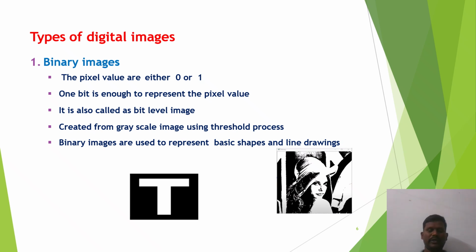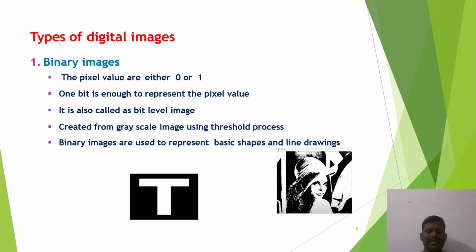To indicate this, 1 bit, one digit, is enough to represent low 0 or high 1. That is the reason it has two levels, 0 and 1. We call it a binary image, and since for each level we use 1 bit, it is also called a bit level image.